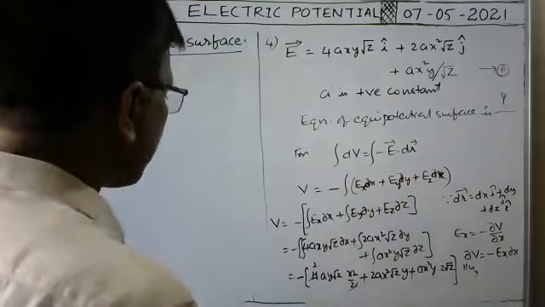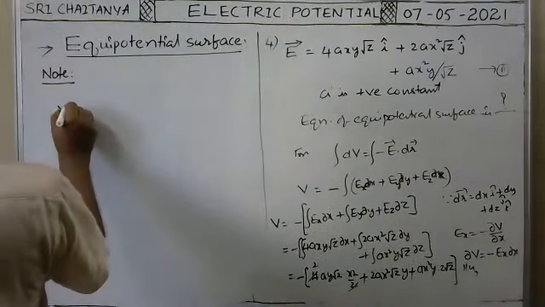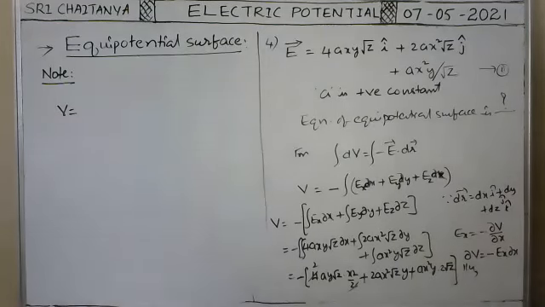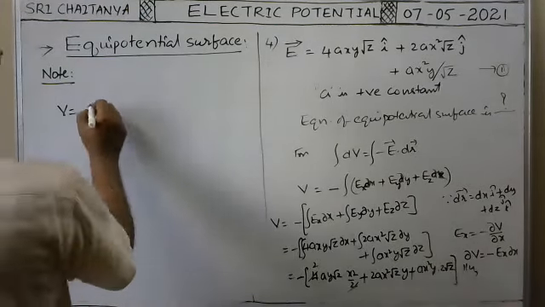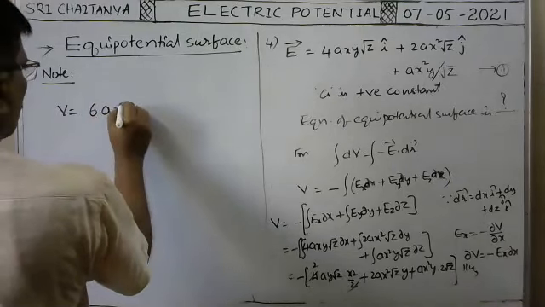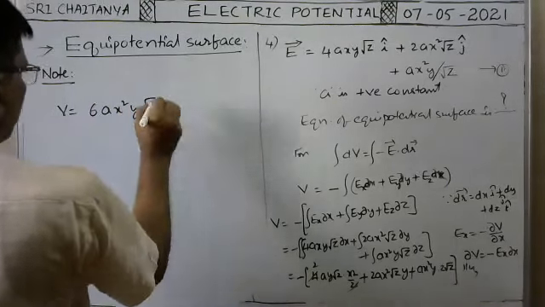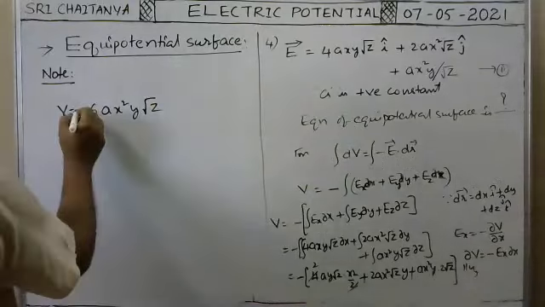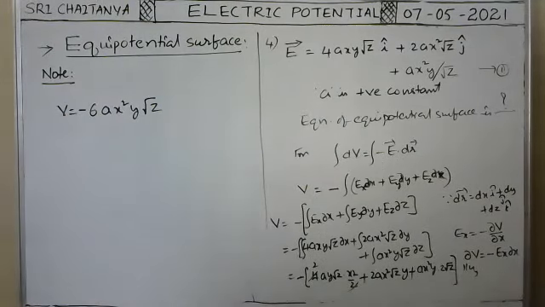Yeah, all terms are same. That's why v is equal to 6, you will get v is equal to 6 a x square y root z, isn't it? Of course, minus sign is there, so minus 6a x square y root z.